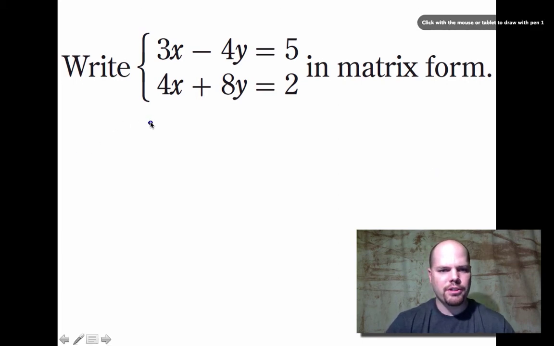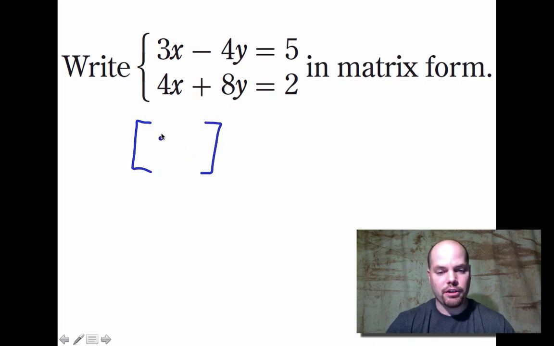Okay, so write 3x minus 4y equals 5 and 4x plus 8y equals 2 in matrix form. For matrix form, we're going to need the coefficient matrix. So it's going to be the 3, and then a minus 4, or plus negative 4. The first entry in the first row, first column, is 3. In the first row, second column, we have negative 4.